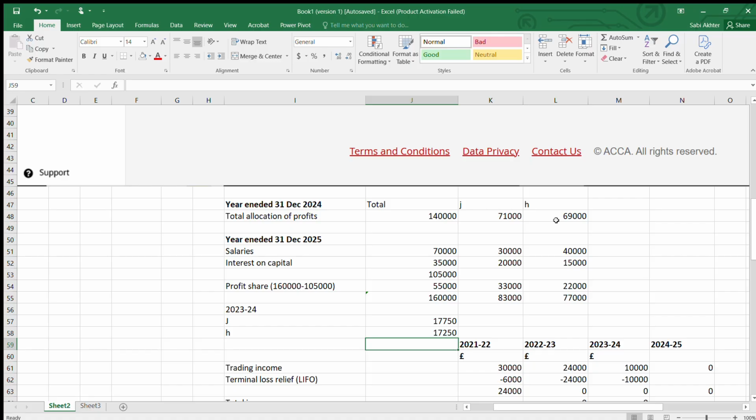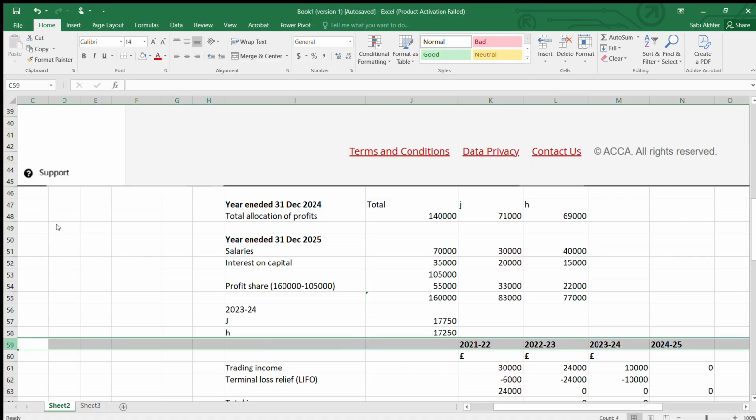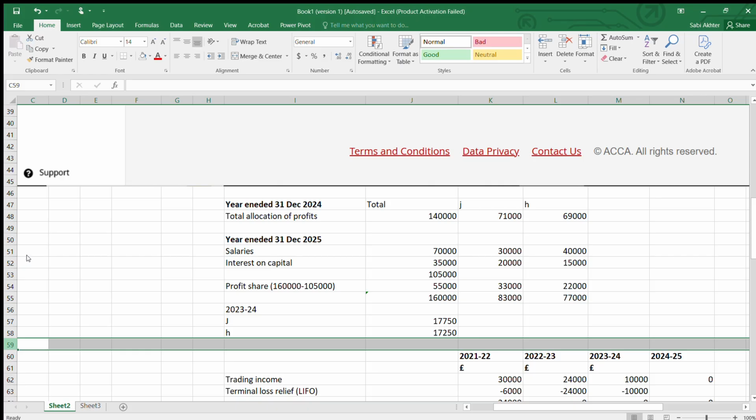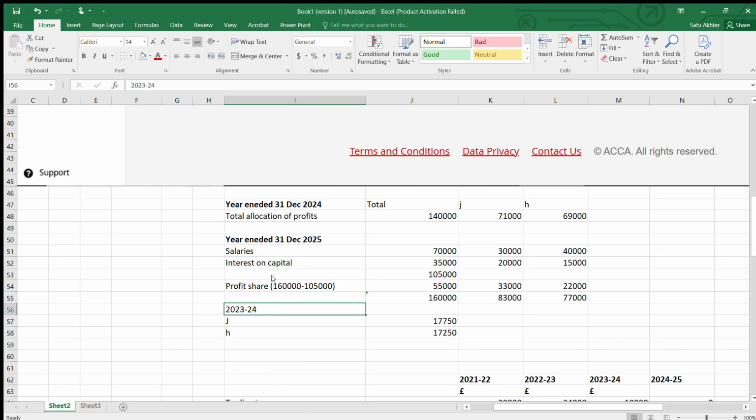So for the tax year 24-25, that's the next tax year. They are taxed for the period from 6th April 24 to 31st December 24 plus 1st Jan 25 to 5th April 2025. So the next tax year, that is this 24 to 25.